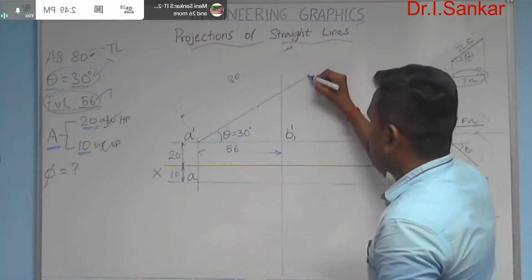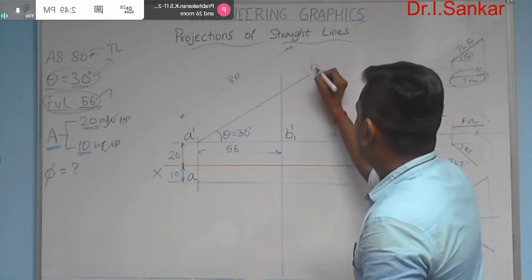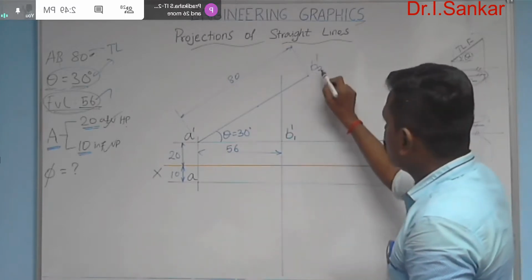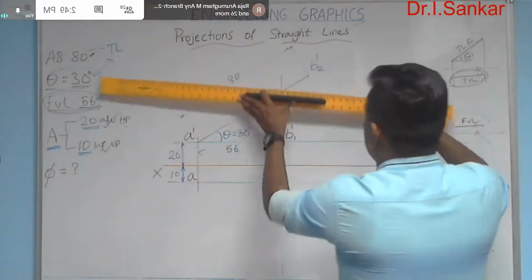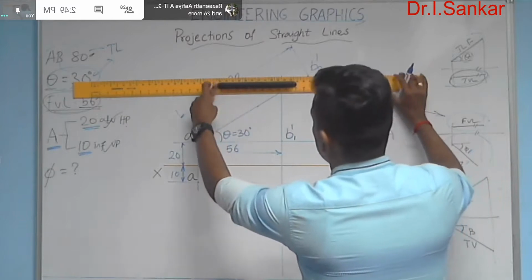So here one terminal is formed. That terminal can be named as B2 dash, because already I have marked B1. So you need to mark B2 dash. Immediately after that, you can draw the locus of the particular end B in the front view area.